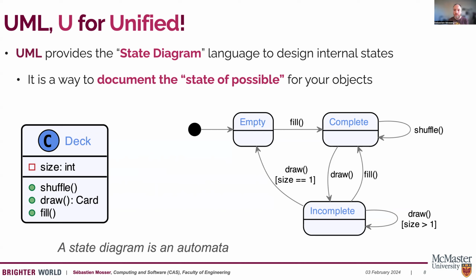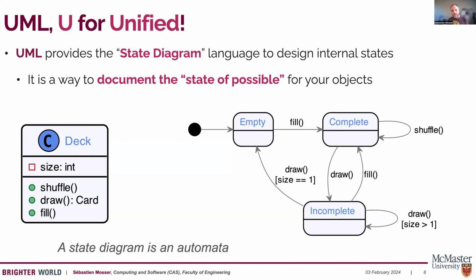So the objects are the most important, and everything is about asking an object to do something for us. We'll see another kind of diagram in 2AA4, which is the state diagram, and that will be the last one. So now we're done. We've seen all the new languages that were used in the course. And the notion of state diagram is basically to explain the life cycle of a given object.